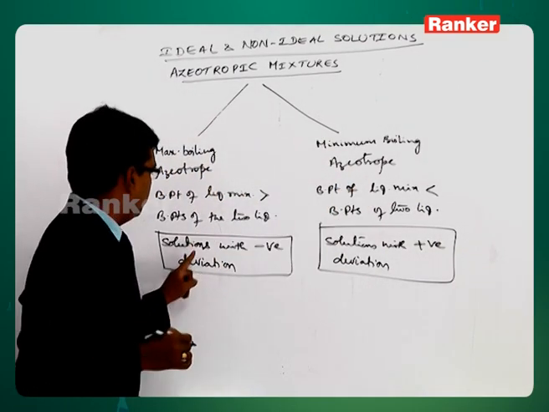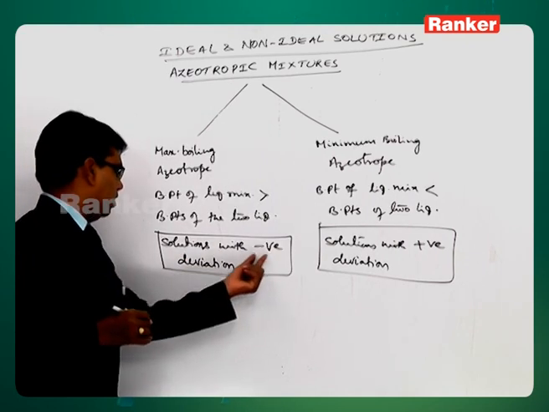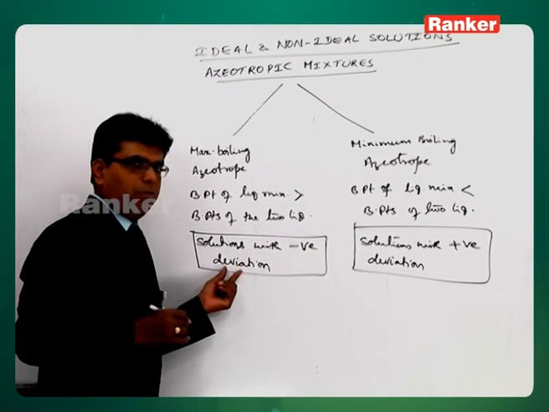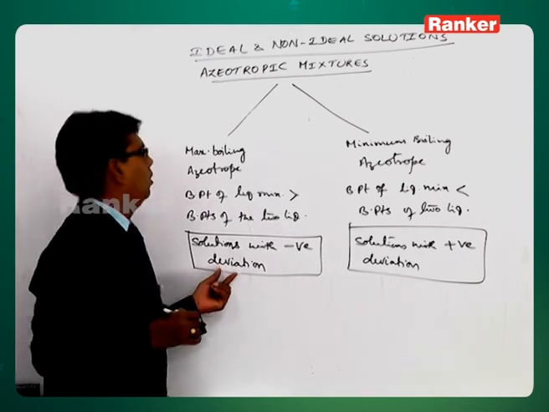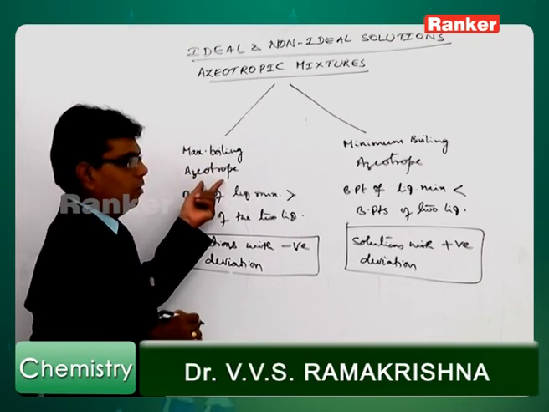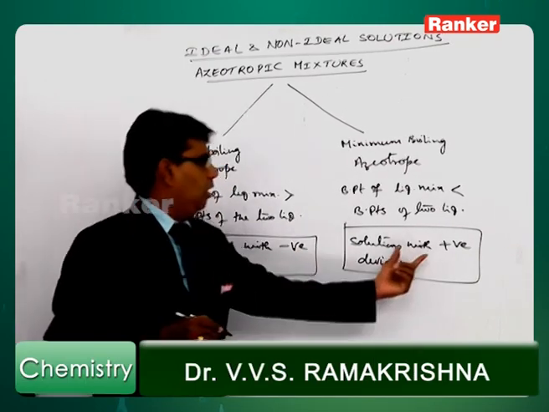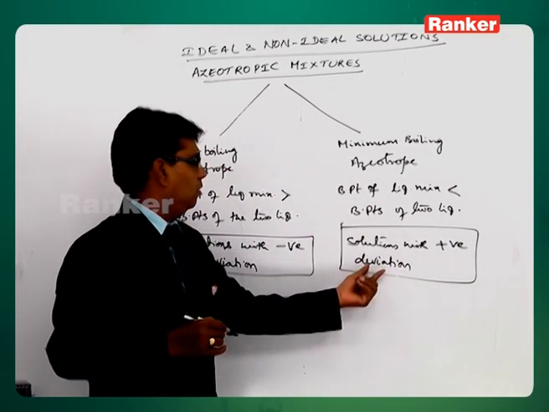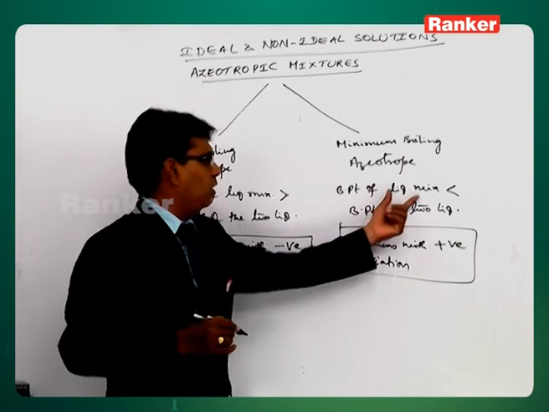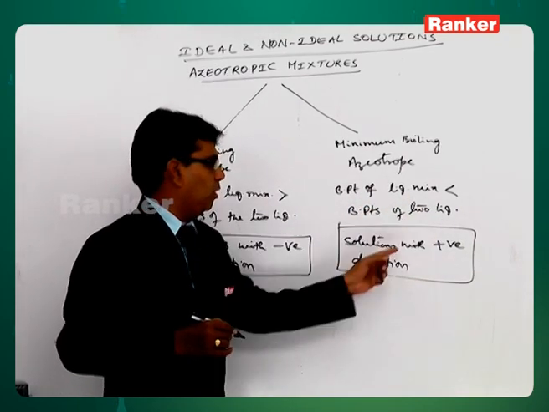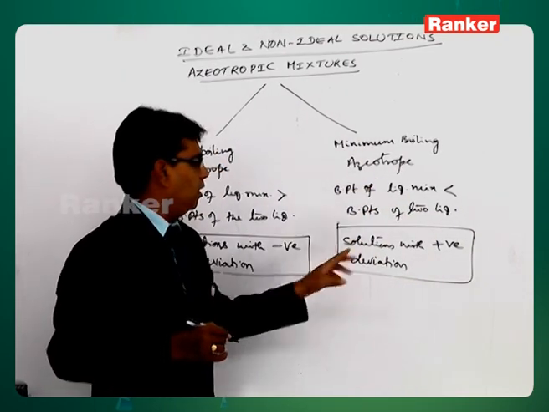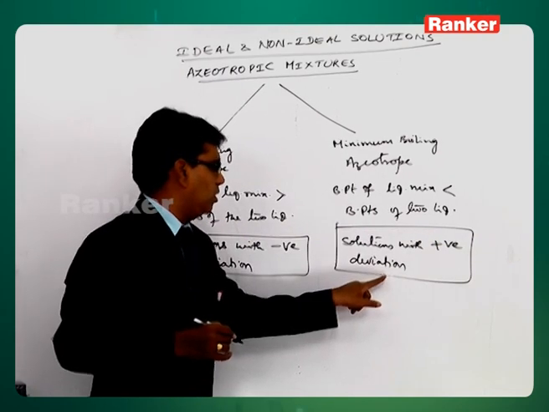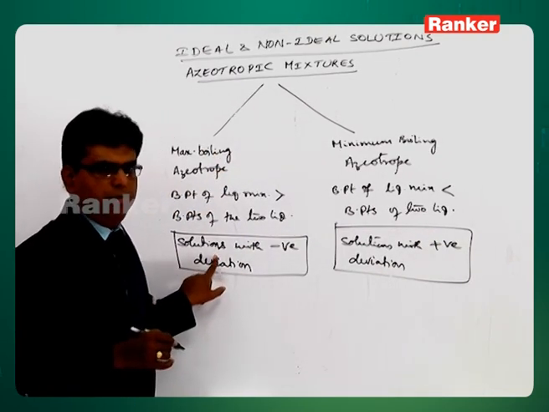So whatever examples, whatever the characteristics, everything that we studied for non-ideal solutions with negative deviation, they all will be maximum boiling, all things will be applicable for this, and solutions with positive deviations, where the boiling point of the liquid mixture is less than the boiling point of the two liquids, will form minimum boiling azeotrope. Solutions with positive deviation, solutions with negative deviation, right.